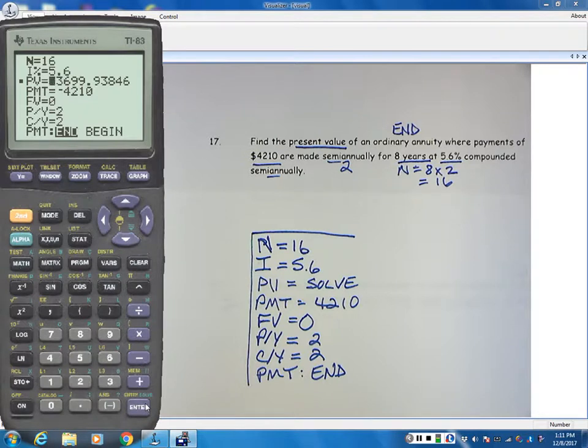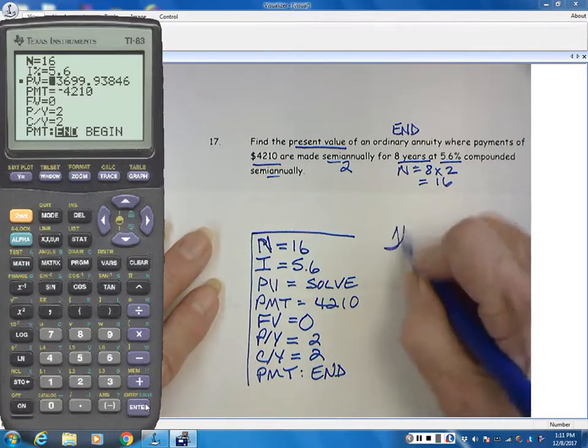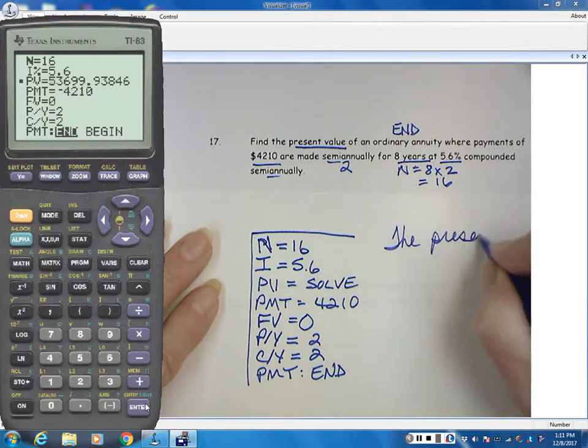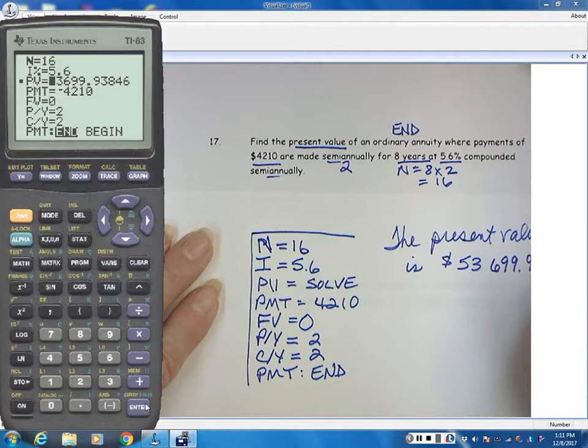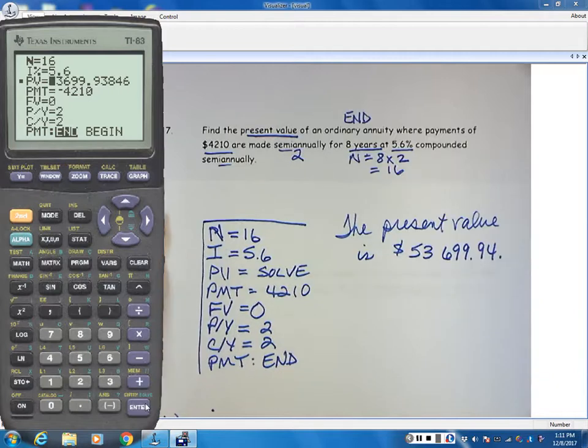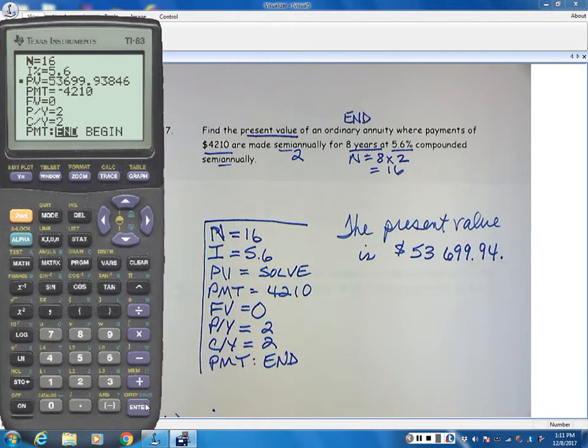So their one-time payment could have been $53,699.94. They would have had the same future value if they had deposited that at the same interest rate and only made one lump sum deposit.